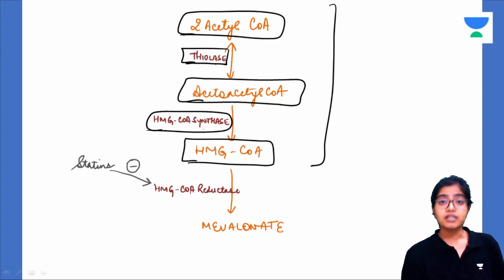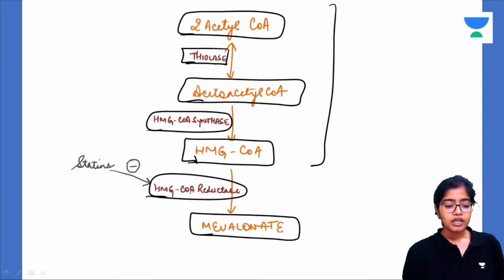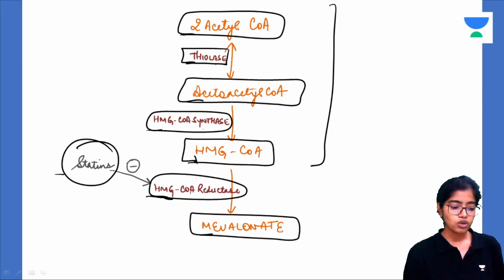HMG CoA synthase is the enzyme involved here and there also. But in cholesterol synthesis, HMG CoA reductase is the star enzyme, the rate limiting enzyme that will come in to synthesize mevalonate from HMG CoA. This HMG CoA reductase is the target of the most important and most famous cholesterol lowering drugs, that are statins.